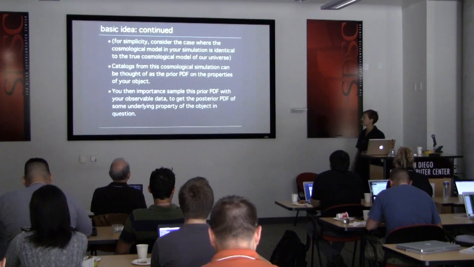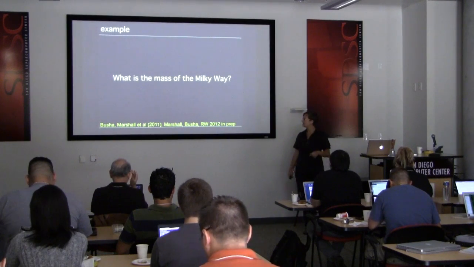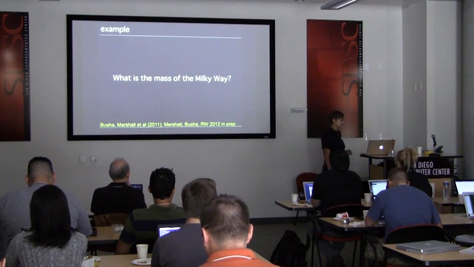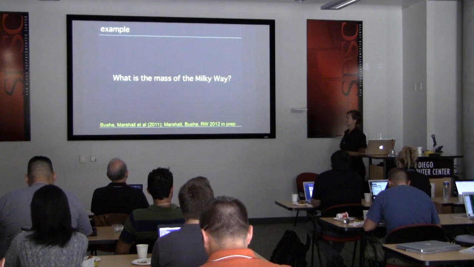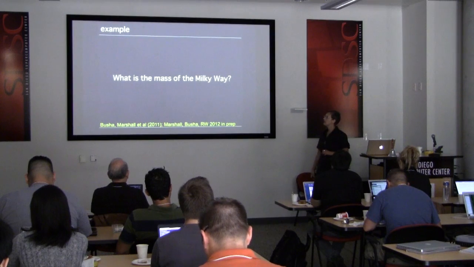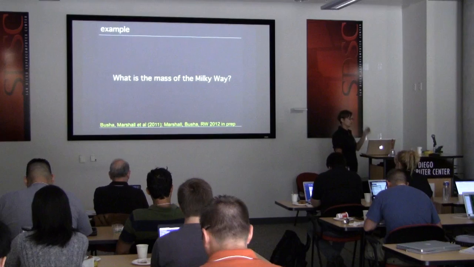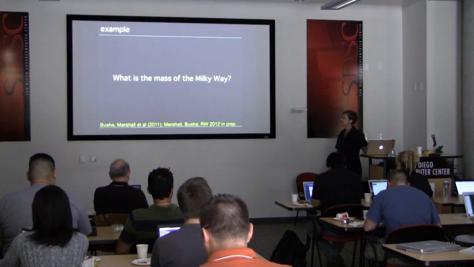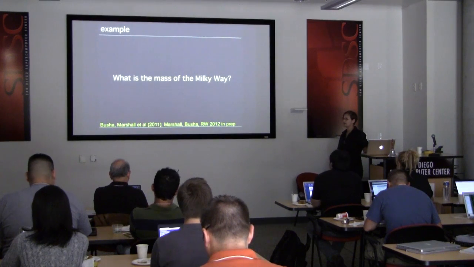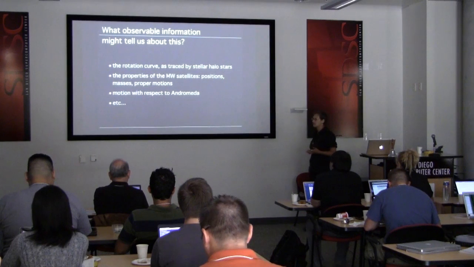Here's a specific example. This is work in collaboration with Michael Busha and Phil Marshall. It was really Phil Marshall's guidance in statistics that allowed us to do this work. The very simple question: what is the mass of our own galaxy? There are lots of ways you might learn about that from the data, for example the rotation curve.